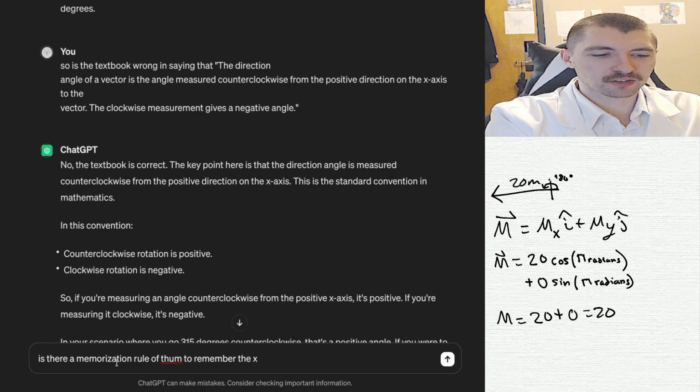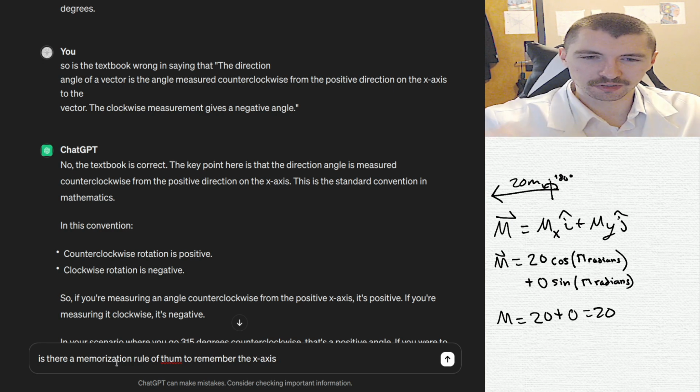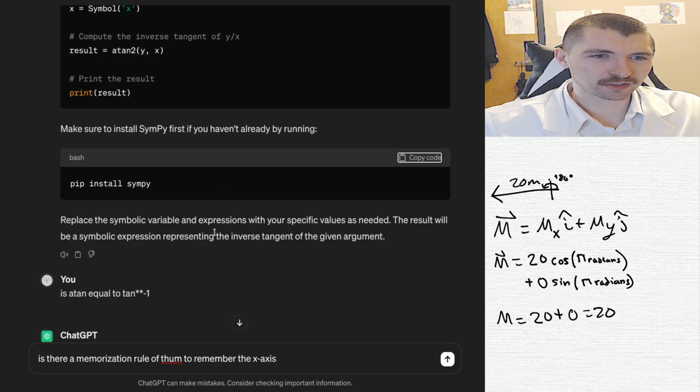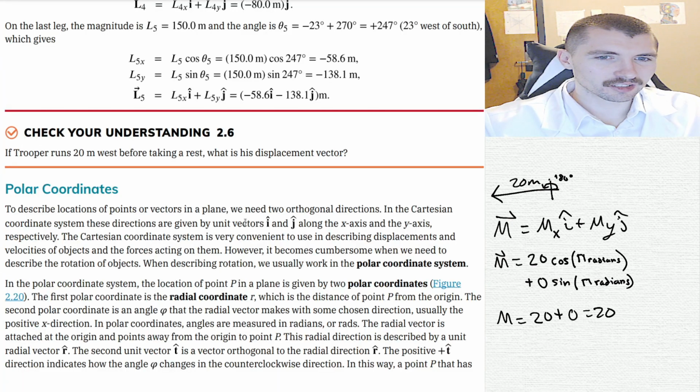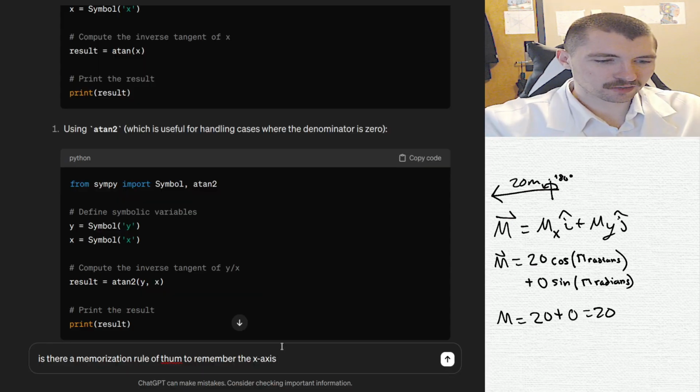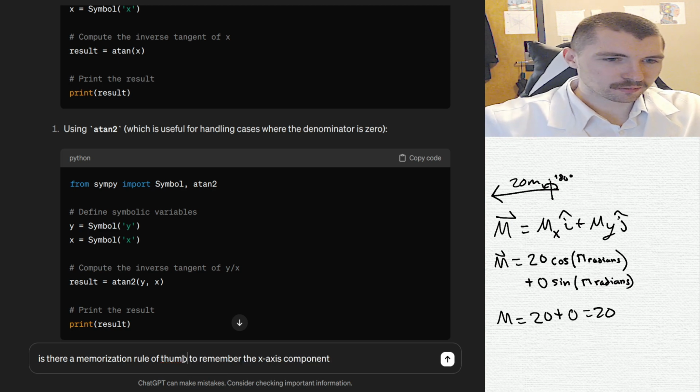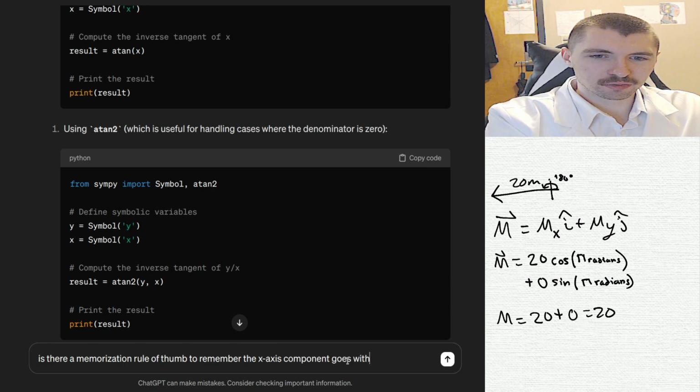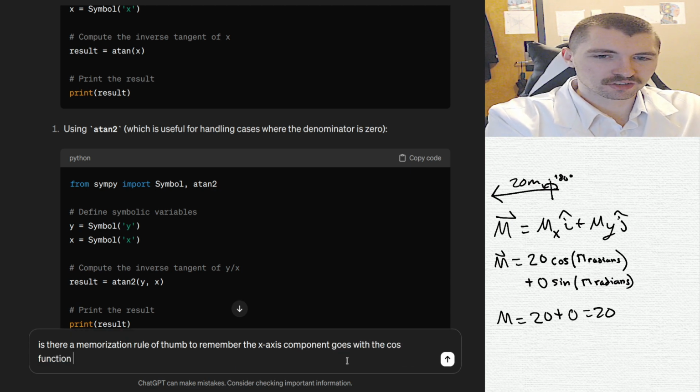Is there a memorization rule of thumb to remember the x-axis component goes with the cosine function and the y-axis component goes with the sine? What's it called when it's a piece of a vector? Components. X-axis components.